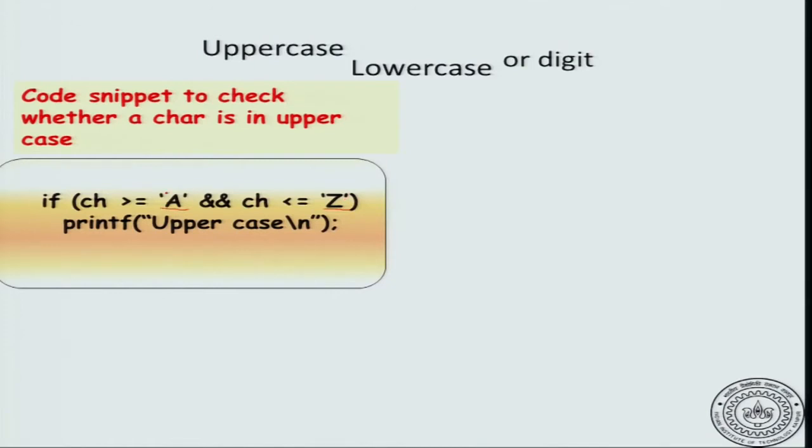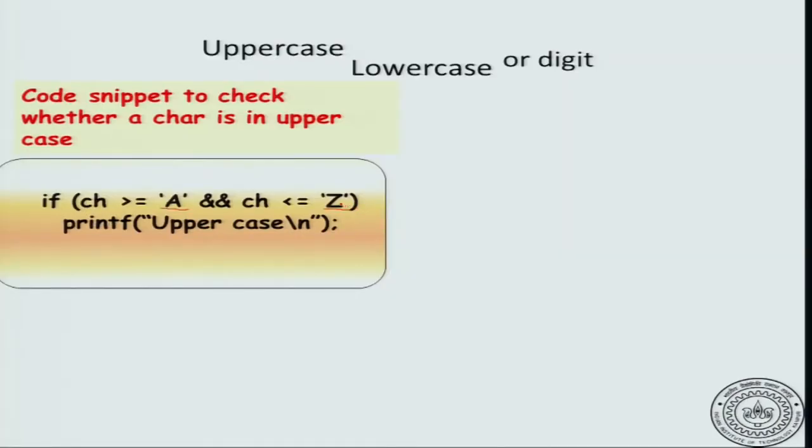It could as well have been 0 and 25. It would still have worked, because all we need to remember in the ASCII table is that A through Z occurs in consecutive locations in the standard alphabetical order. From that we can understand that if I write this if expression, it will print the message uppercase only if the given character ch is an uppercase letter.